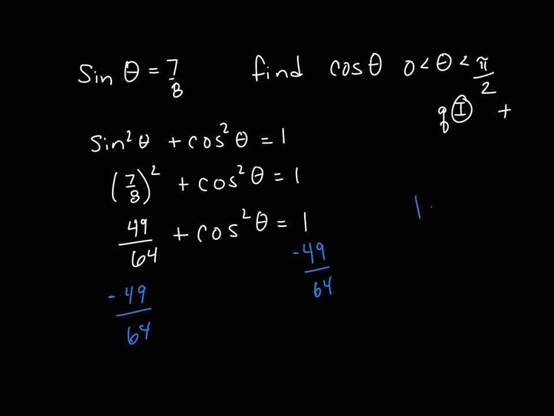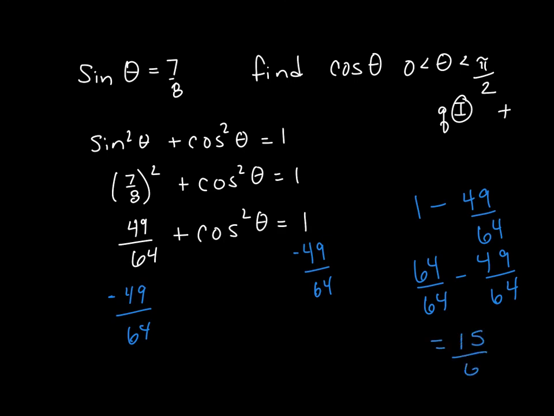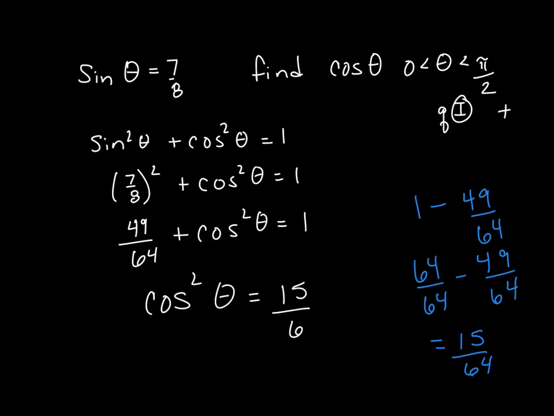So that gives us 1 minus 49 over 64. Turn that 1 into 64 over 64 minus 49 over 64, which just equals 15 over 64. So now I know that the cosine squared of theta is equal to 15 over 64.